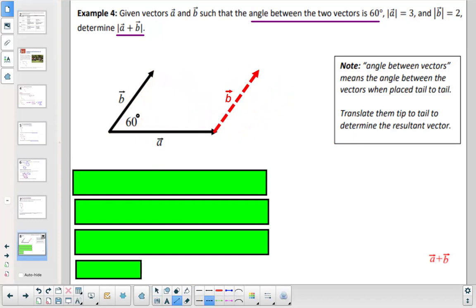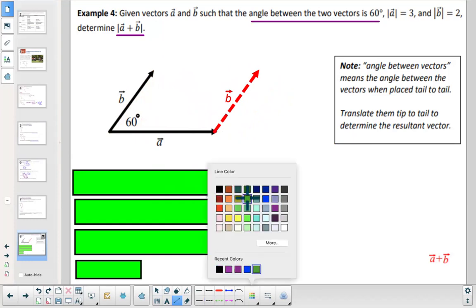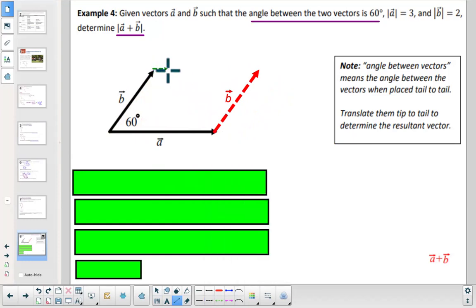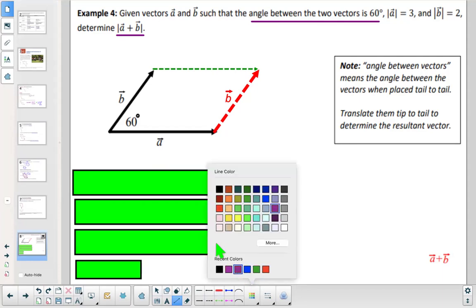I can do the same thing with vector A. I can move it and turn it into a different color, maybe green, and transpose vector A here. Okay, so now that I've formed a parallelogram, I'm going to make the resultant in a nice bright purple.